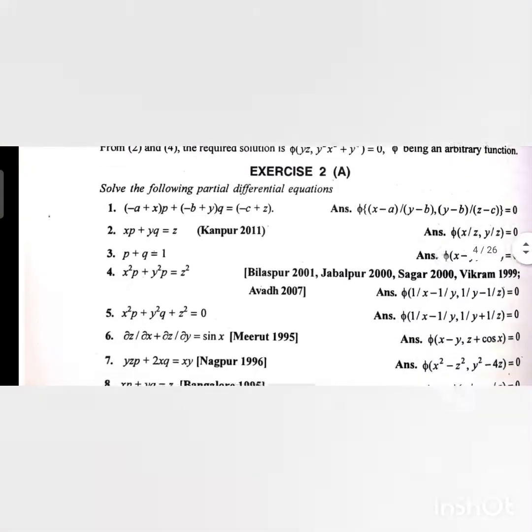Please remember that the minus sign in the coefficient of small q is included in the capital Q, because in the formula we have capital P into small p plus capital Q into small q is equal to capital R. So it means capital Q is the minus of xy, not only xy. Got it? Try this question also on your own at home. This is the exercise based on type 1.